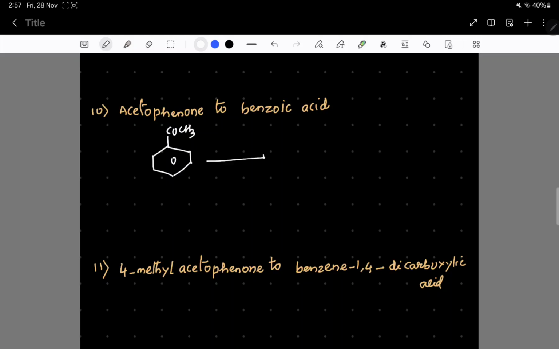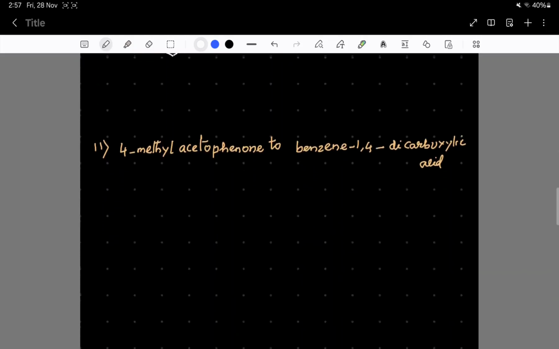So just use any strong oxidizing agent. Usually that benzylic carbon will be converted into COOH. So if you take an aldehyde or a ketone and a benzylic carbon is present, it will be oxidized into carboxylic acid only.